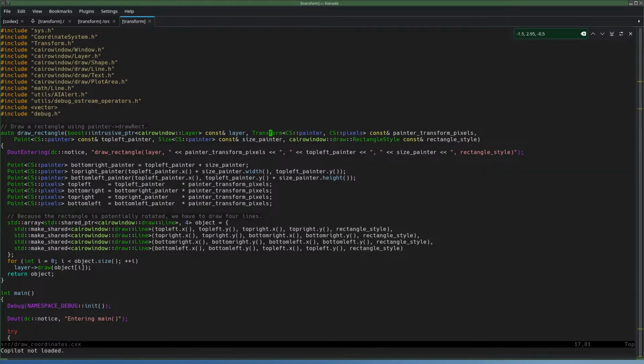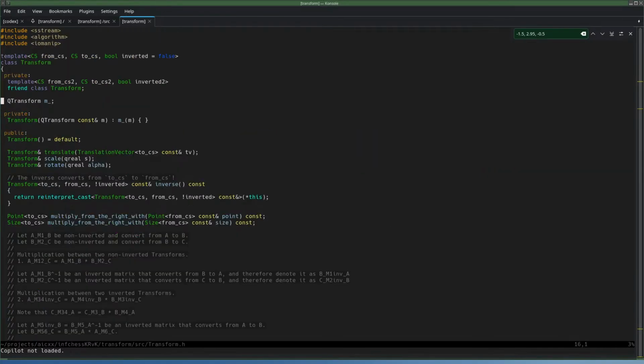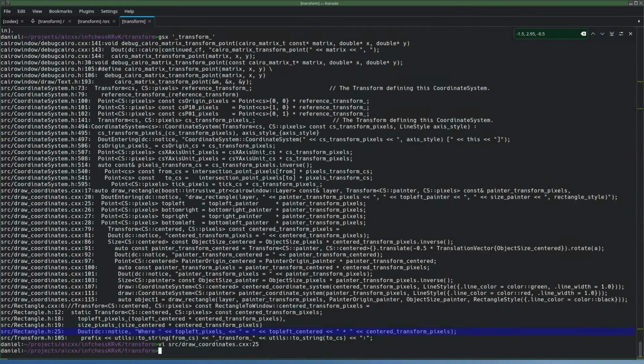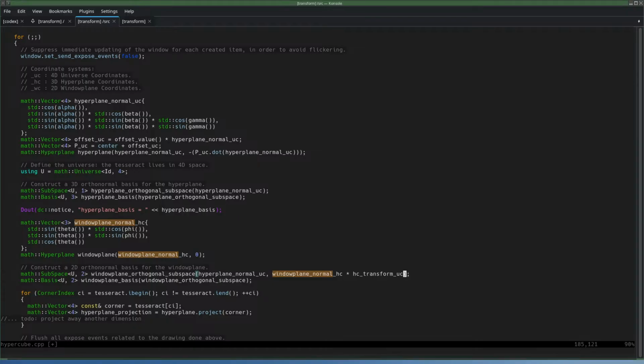They wrap a Qt transform object. So maybe not use transform then, because this is not a transform object. It's going to be something else. Just call it do.